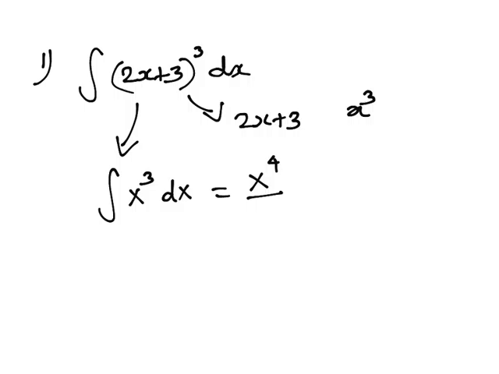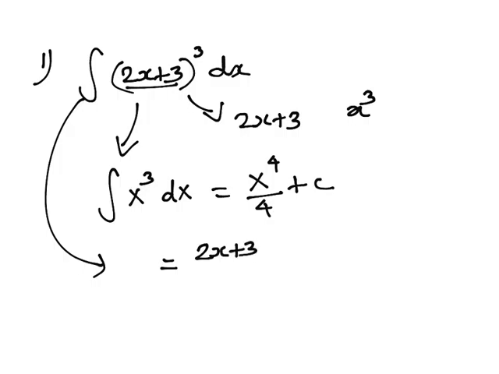The answer will be x power 4 by 4 plus c, isn't it? Same way, for this integral, here x is nothing but 2x plus 3, so the answer will be 2x plus 3 raised to 4 by 4, plus c.